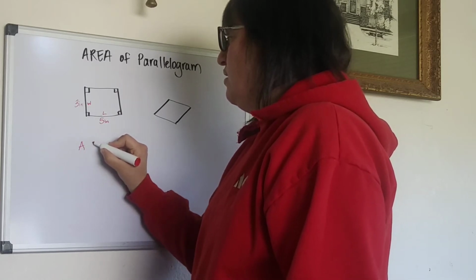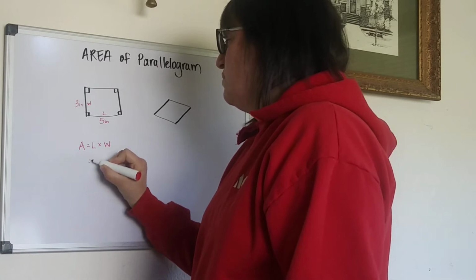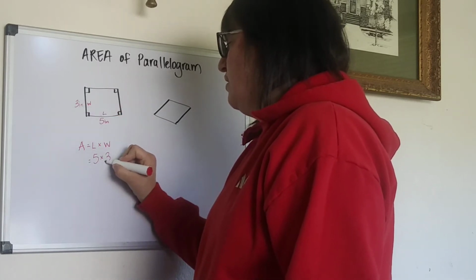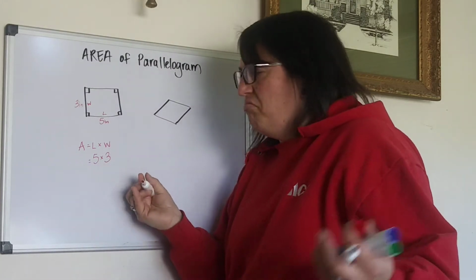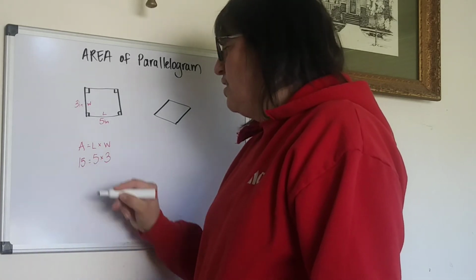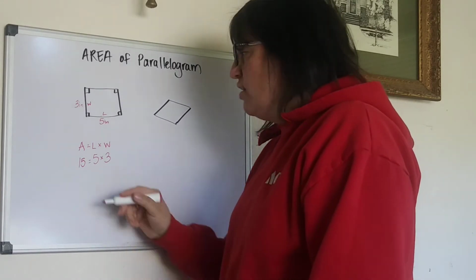And the area is length times width, which in this case would be, our length is 5, our width is 3, and remember, the beauty of multiplication, I could put the 3 first or the 5, doesn't matter, I get the same product, and so therefore, my total area of this whole thing would be 15 square inches, right?